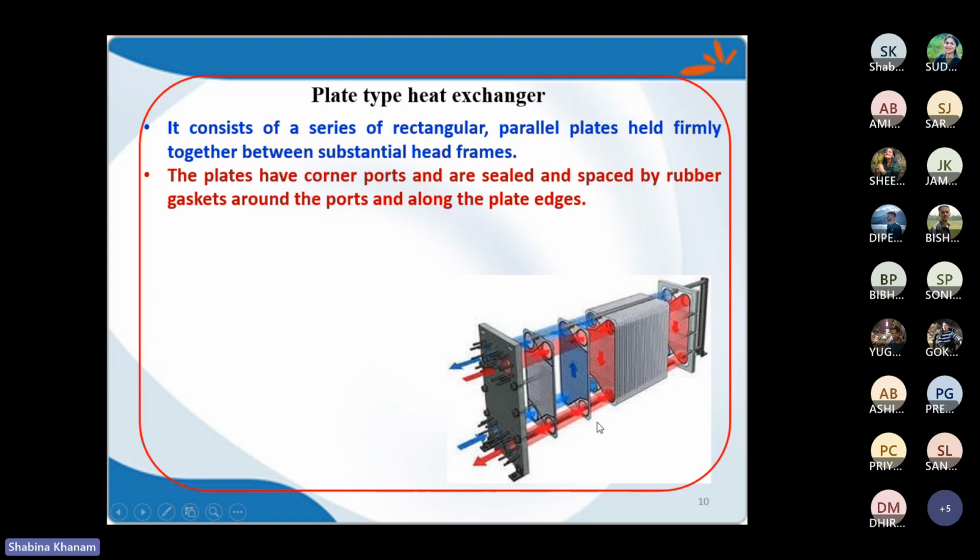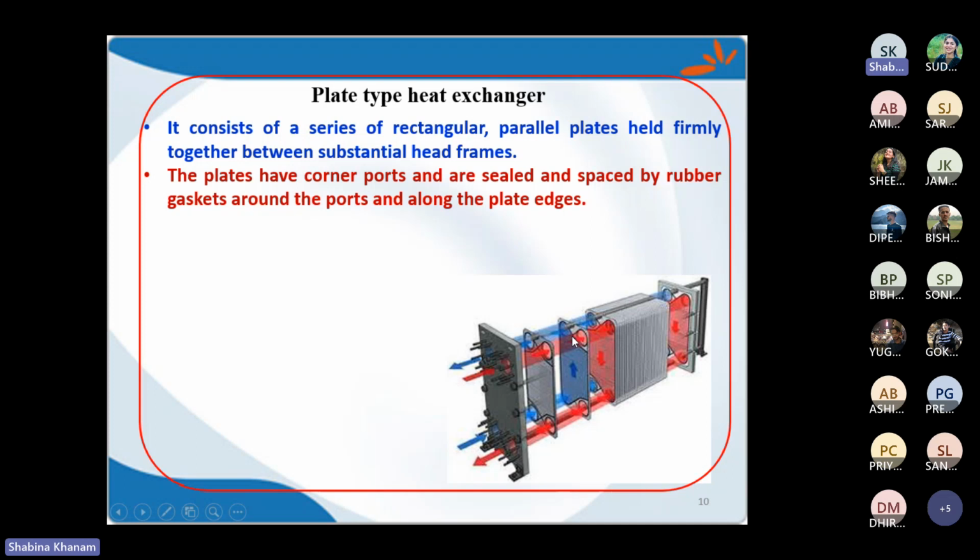Similarly, hot fluid will come over here, spread over the plate and exit from here. So what you can see over here is, when I'm considering two plates, these two plates are attached very close to each other, and how much opening will be there between two plates will depend on the thickness of this gasket.